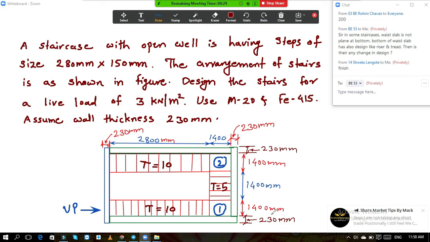Okay, now once this is over, draw this diagram neatly and correctly. Tomorrow we will solve this problem.